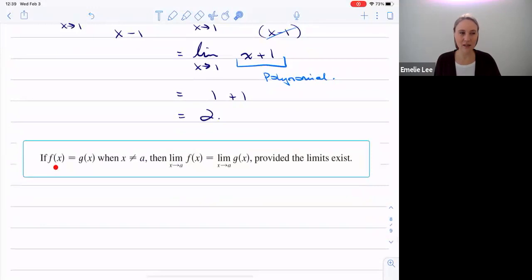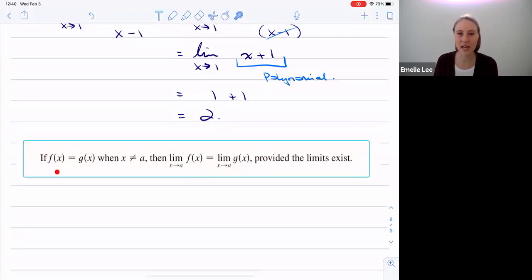Another thing we can use is if we have a function f of x that's equal to g of x, so another function, when x is not equal to a, then the limit as x approaches a of f of x is equal to the limit of g of x as x approaches a, assuming that both of the limits exist.